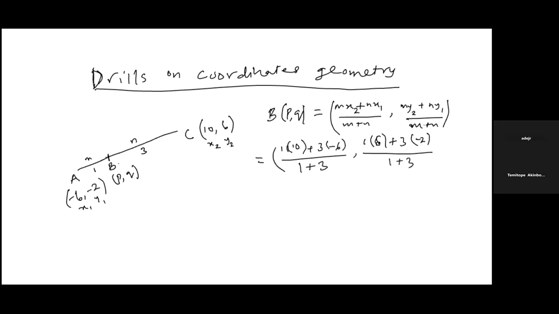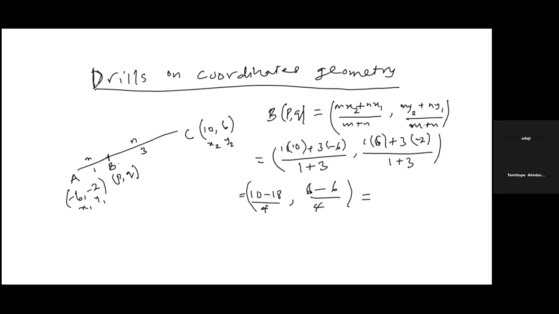So 1 times 10 is 10. 3 times -6, -18 over 4. 1 times 6, 6. 3 times -2, -6 over 4. 10 minus 18, that's -8. -8 divided by 4, -2. 6 minus 6, 0.